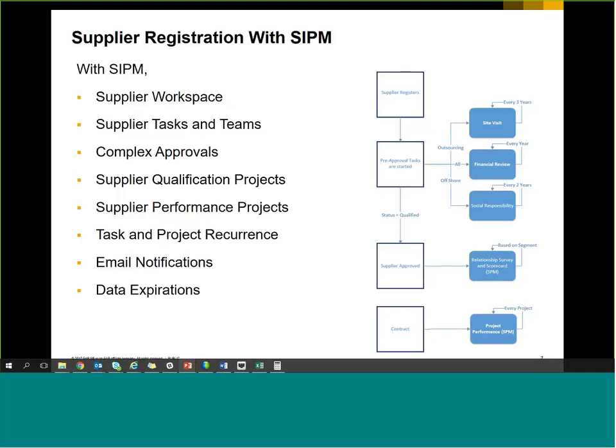Also, if you have supplier information and performance management, you're going to get something called a qualification project. That qualification project can be used in conjunction with the supplier profile questionnaire. If you do have SIPM and you do have access to supplier qualification projects, we recommend that you use those as further qualification, obviously, since it's a supplier qualification project.